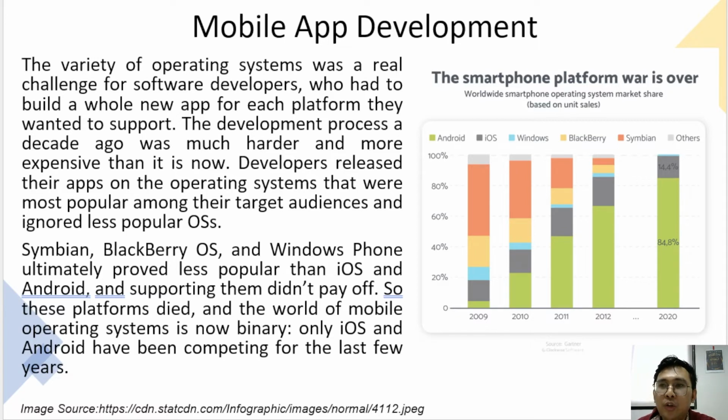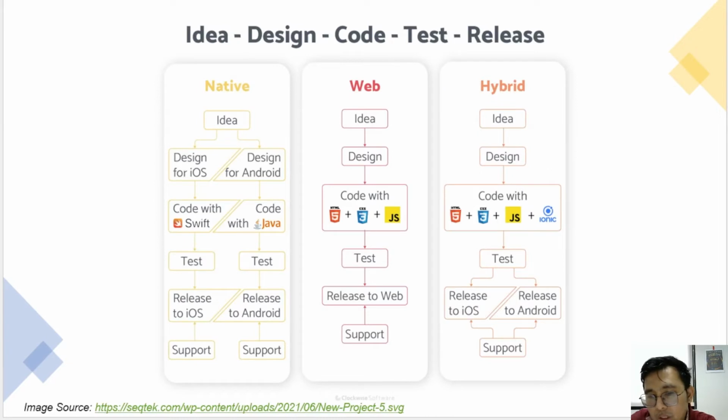This could also become our comparison when we focus on traditional development, where we don't use the cross-platform method. In order to develop mobile apps, we need to think about the idea, design, code, test, and release. This is the simple process of mobile development.